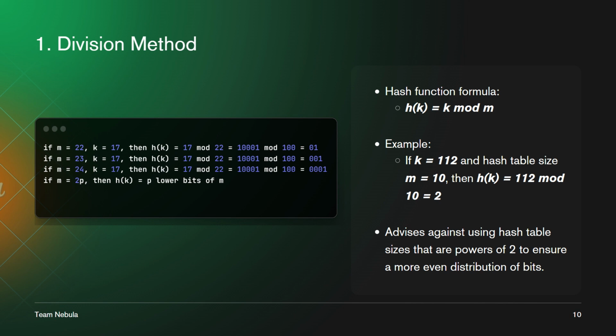The value of m must not be a power of 2. This is because the powers of 2 in binary format are 1, 10, 100, 1000, and so on. Likewise, when we find k mod m, we will always get the lower order p bits.